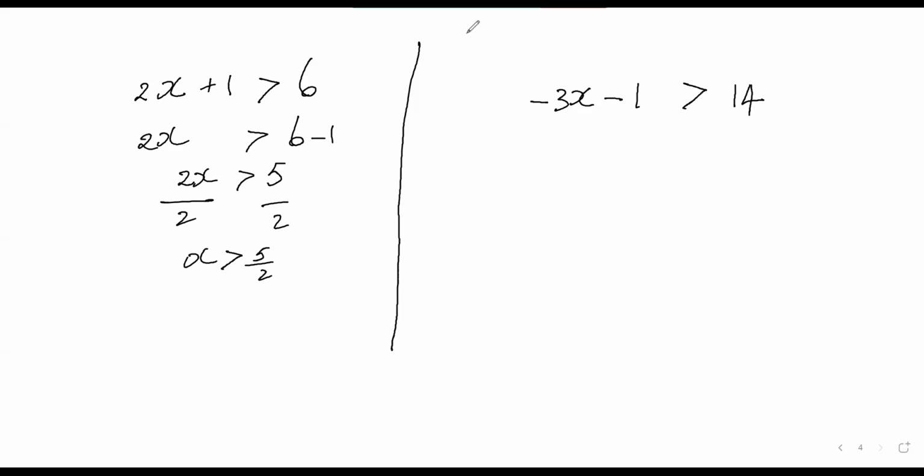So when x is negative, the sign changes. This is a rule. When x is negative, the inequality sign changes.